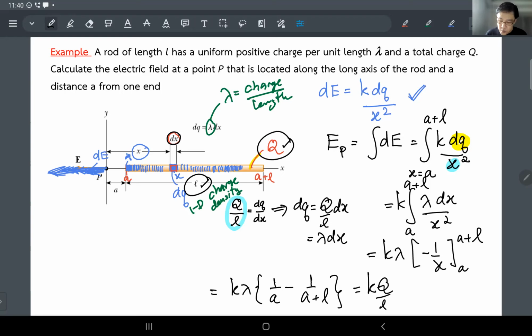And then you can just do the common denominator. It's going to be L over a plus L if you like. Cool. And that L will cancel. And that's it, guys. It's done. That is the electric field at point P.